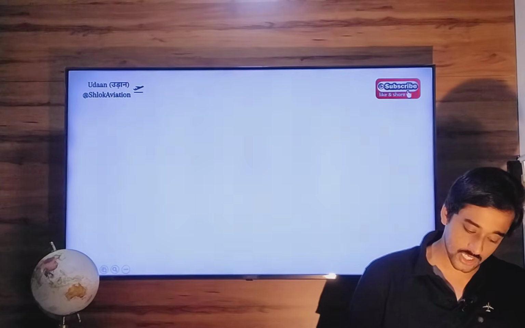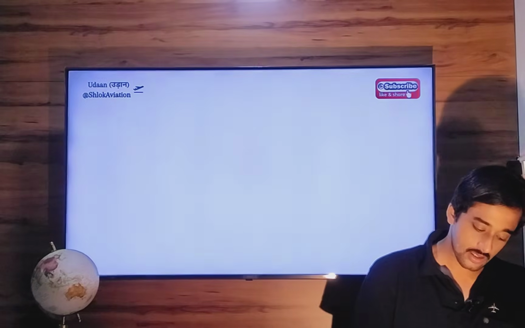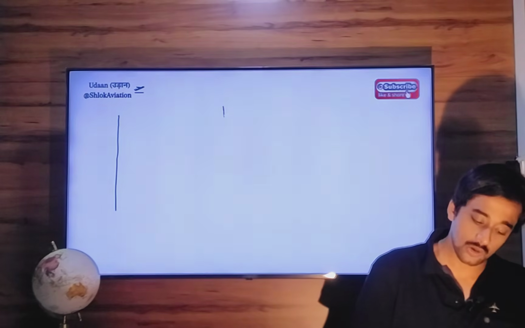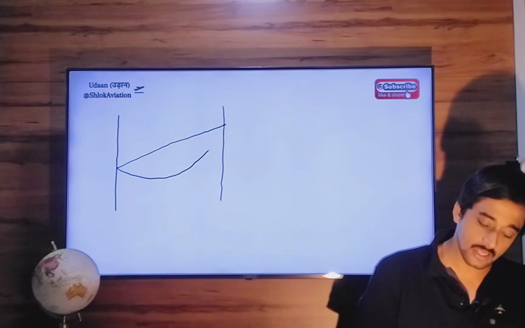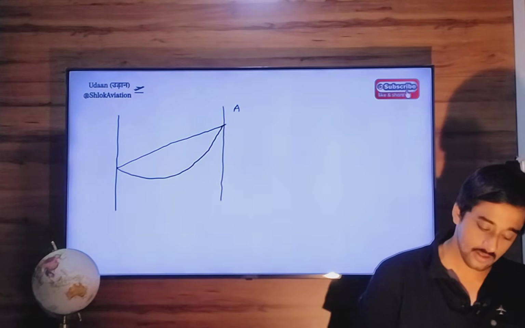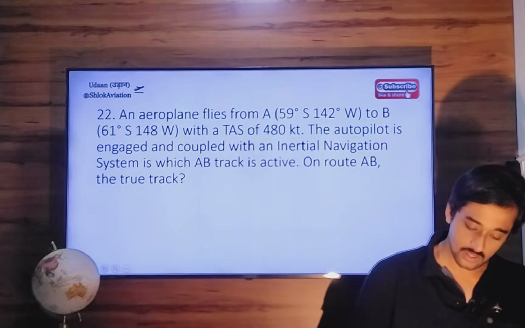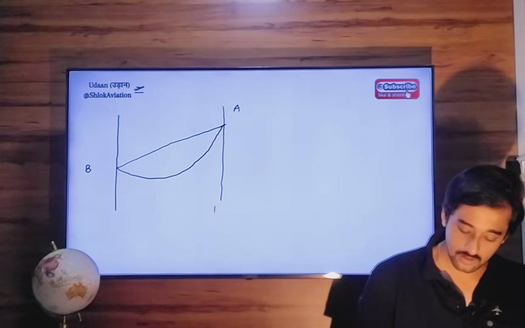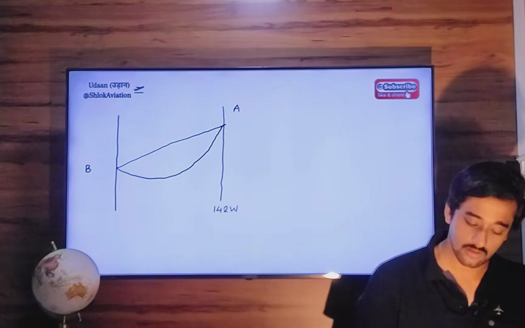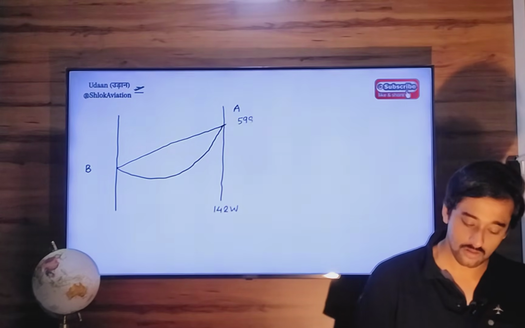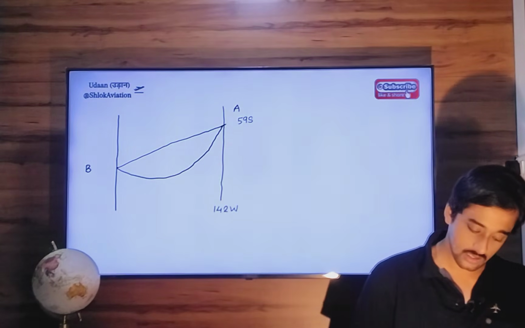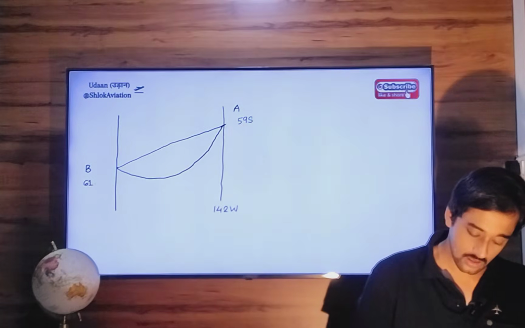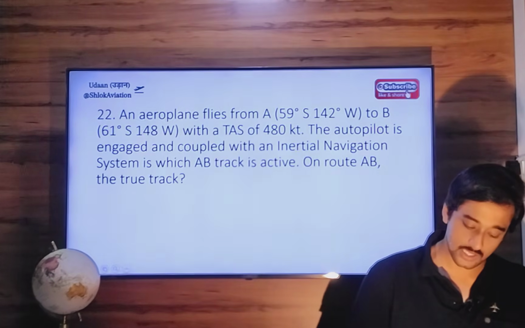So again a similar question. We are in the south hemisphere. So the great circle will be like this. A, B. A is 59 south, 142 west. B is 61 south, 148 west.